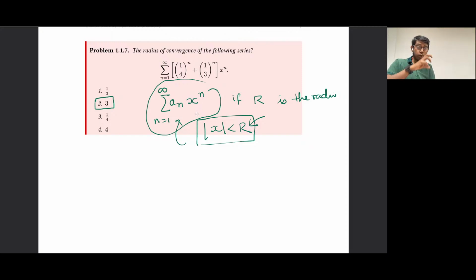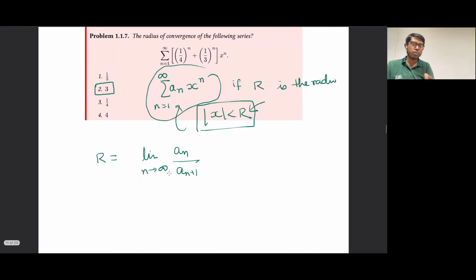That is what we call the radius of convergence. So we need to find the radius on which the series converges. Usually we find the radius of convergence as limit n tends to infinity of an by an plus 1. It can be found by the lim sup also, but here we don't have to do that. This is enough, so let's do that.